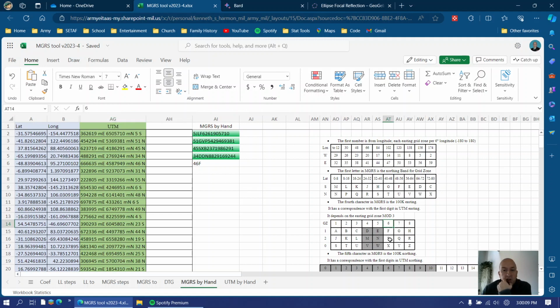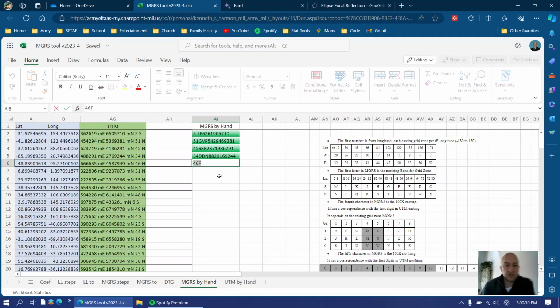I'm either Foxtrot, Papa, or X-ray, but it has to do with which grid zone we're in, mod 3. If I took 46 and divided by 3, 45 goes evenly, 46 is 1 extra, so our remainder is 1. So a 6 with a 1 is a Foxtrot. So Foxtrot, Foxtrot.